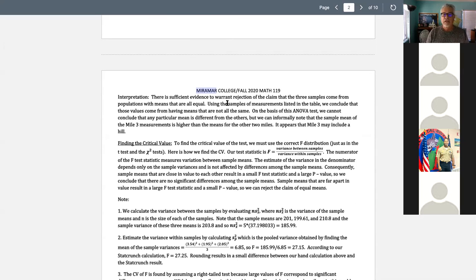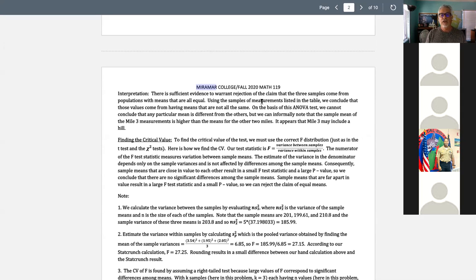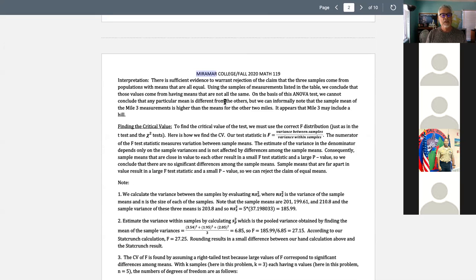So there is sufficient evidence in these sample data to warrant rejection of the claim that the 3 samples come from populations with means that are all equal. And using the samples of measurements listed in the table, we conclude that those values come from populations having means that are not all the same.